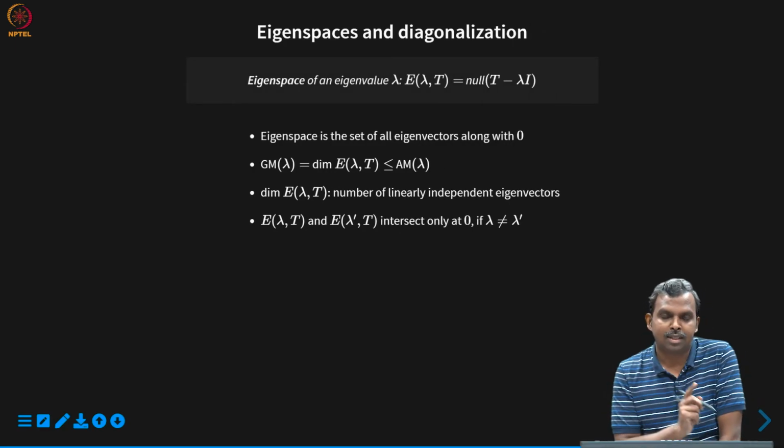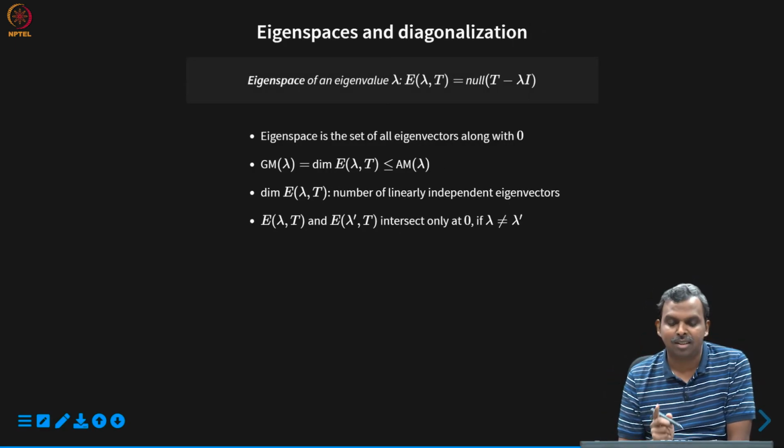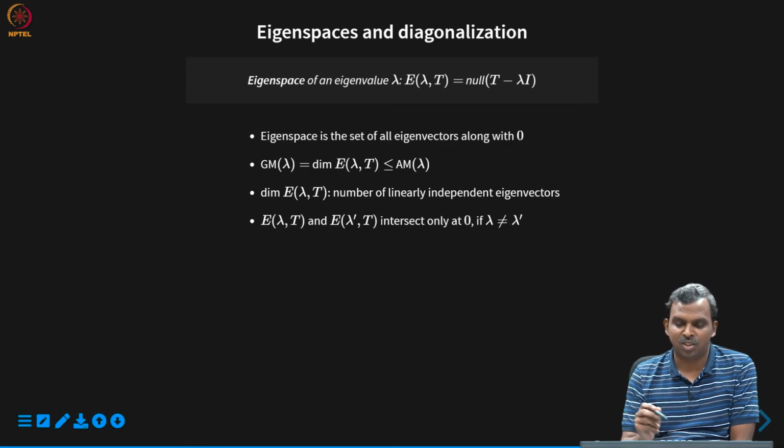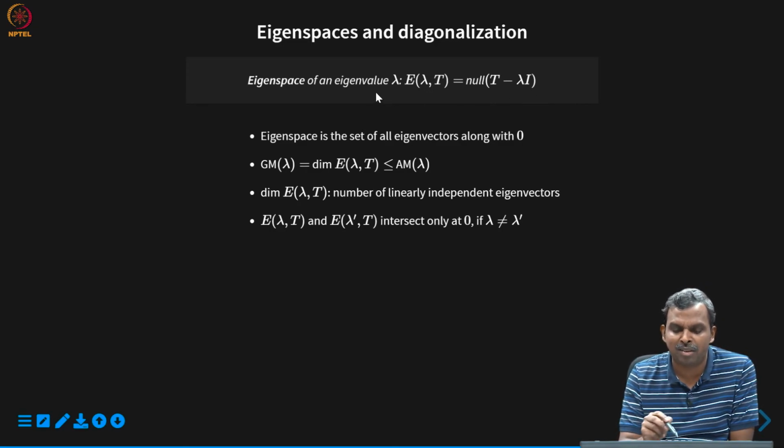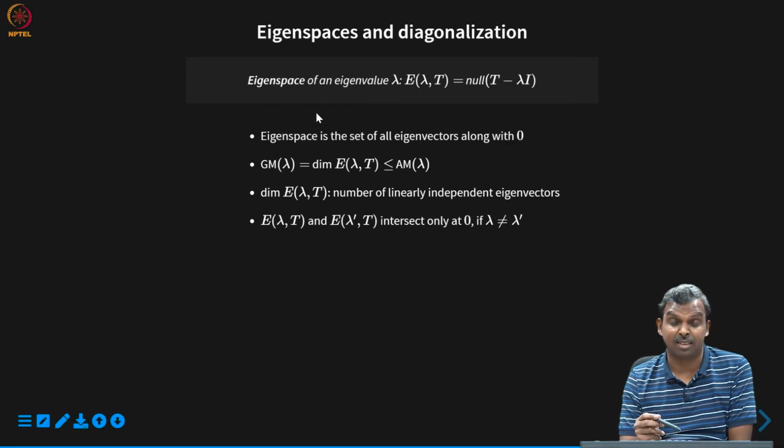So now let's define something called an eigenspace and then connect it up with diagonalization. We've been talking about the null of T minus lambda I. Every time you have an eigenvalue lambda, this null of T minus lambda I has all the eigenvectors, so it's very natural to define it as the eigenspace. This eigenspace is like the invariant subspace corresponding to the eigenvalue lambda.